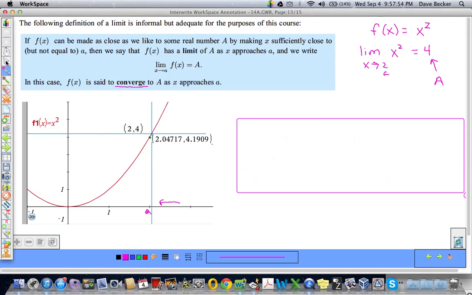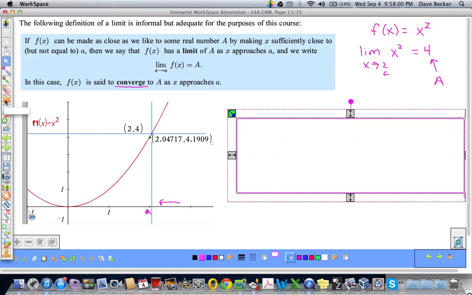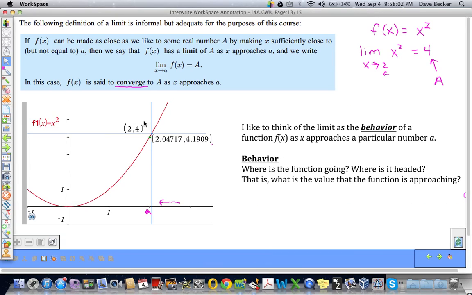Convergence becomes very important in later mathematics. If that sounds confusing, don't worry. I'm going to try and help you out here with a simpler concept. Me personally, I like to think of the limit as the behavior of a function, f of x, as x approaches a particular number a.